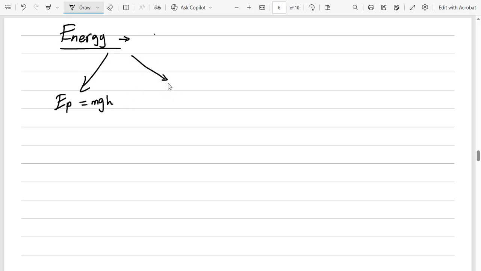This is the energy an object has as a result of its motion, and the formula that we use for EK is equal to 1 over 2 m v squared. So in kinetic energy, the amount of energy is transferred to an object as it changes speed. You see this m is the mass, and g is just 9.8.